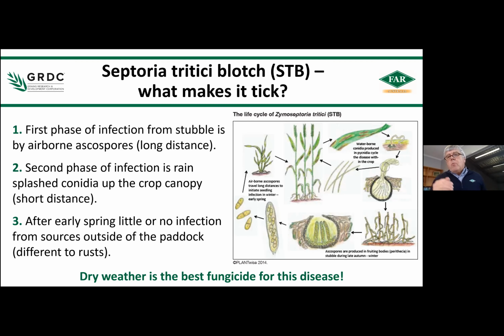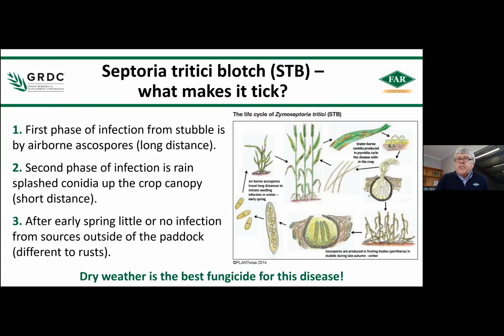So bear that one in mind. If you haven't got evidence of Septoria tritici at growth stage 30, 31, it's unlikely that you're going to have a bad season for tritici. And it's one of the reasons that spring wheats don't really suffer from this disease. You don't get that spore movement from the stubble in the spring.